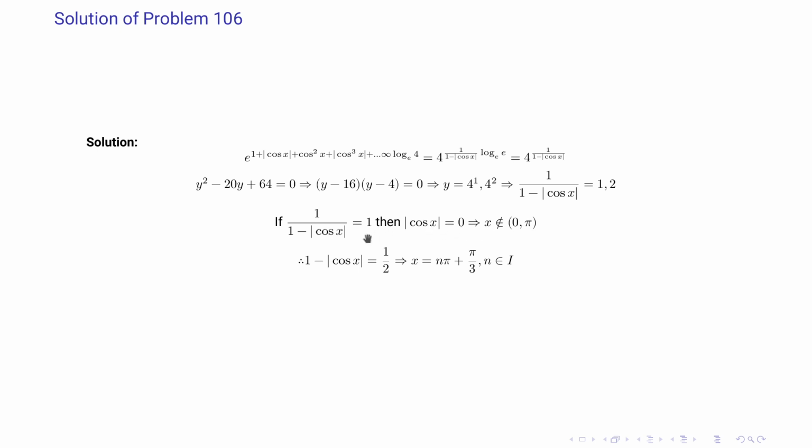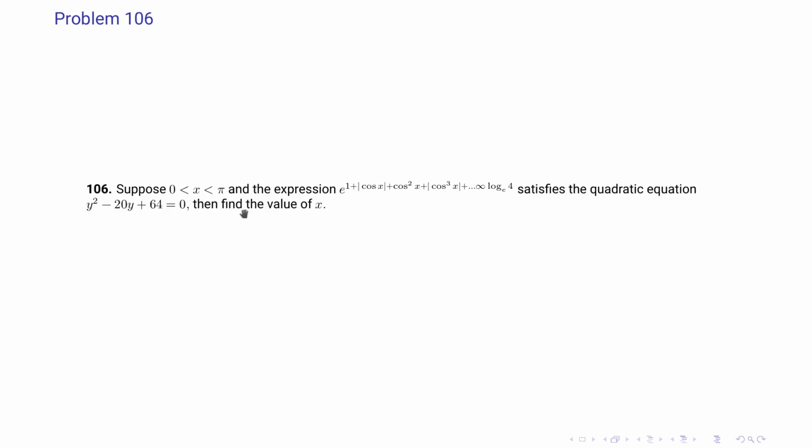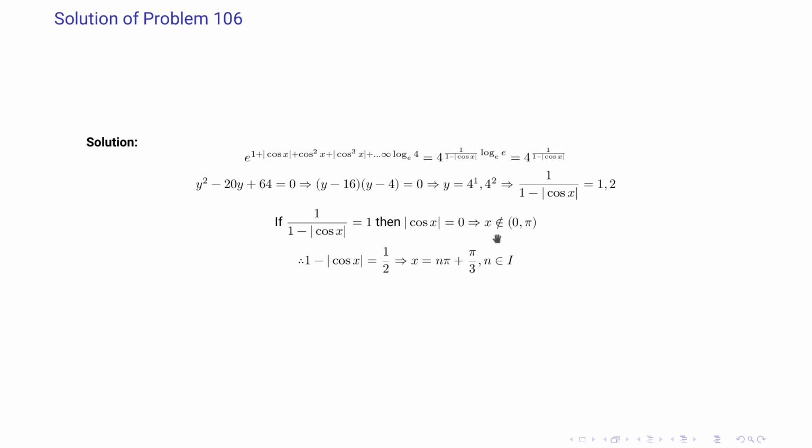So in this case also it will belong to the open interval, because for x equal to pi by 2, cos x will be 0. So it will belong to this open set. Now, 1 minus mod of cos x, if we consider 2, then mod of cos x will become 1 by 2. So x would be n pi plus pi by 3, where n belongs to the set of integers.